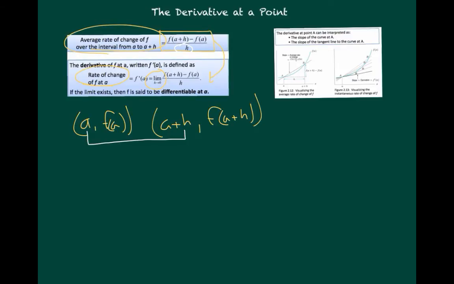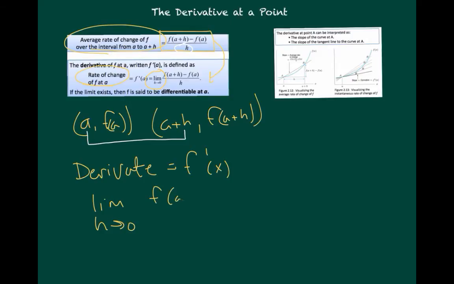Once we take that limit, we have a new term, and it's called the derivative. So the derivative equals f prime of x, and it is equal to the limit as h approaches 0 of f of a plus h minus f of a, divided by h.